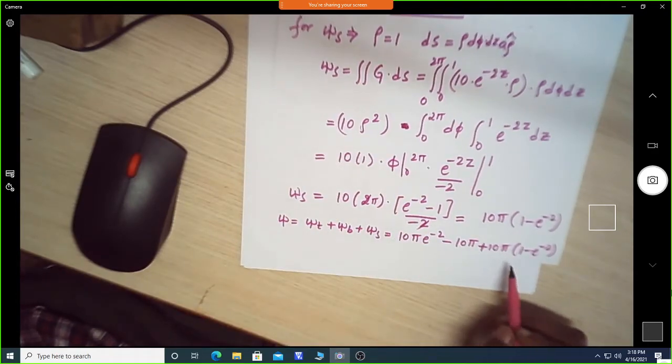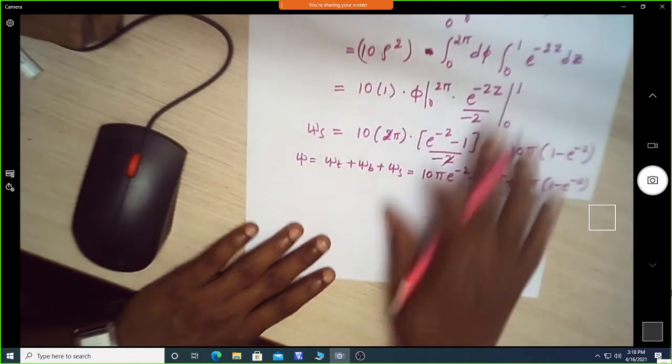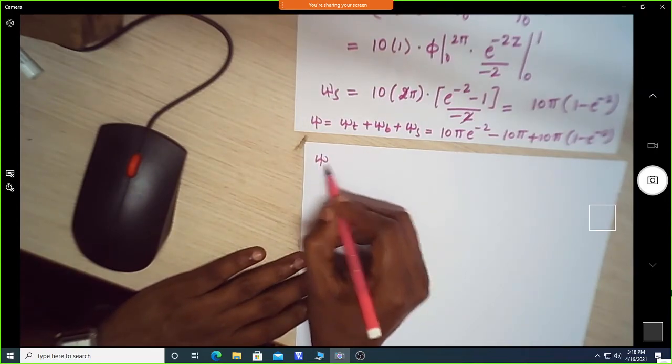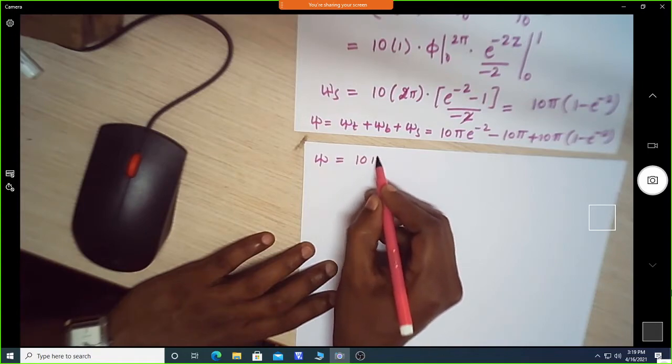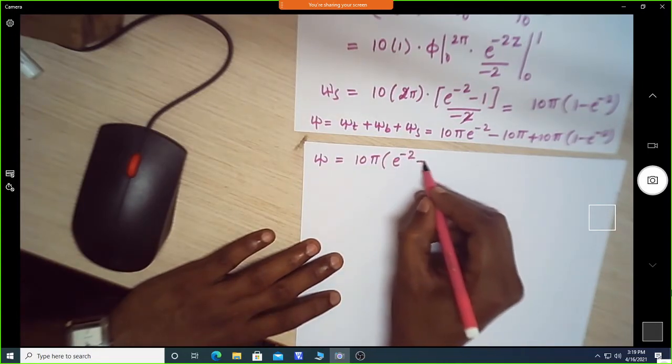If I take 10 pi common in the first two terms, it is 10 pi into (e power minus 2 minus 1).